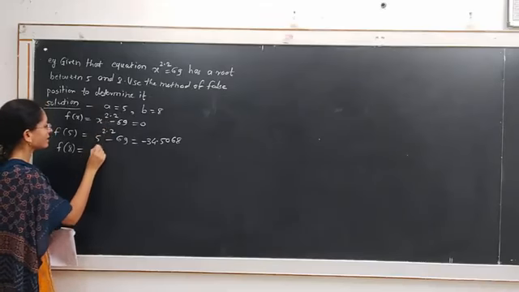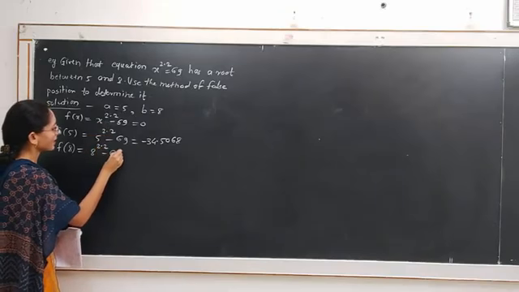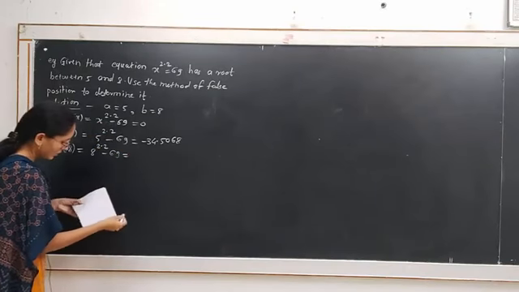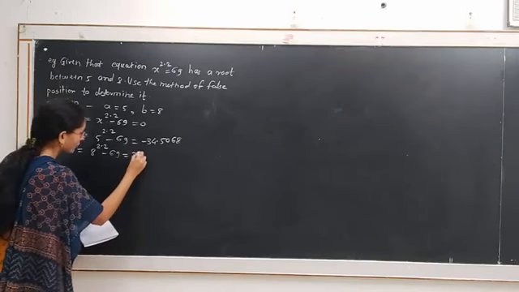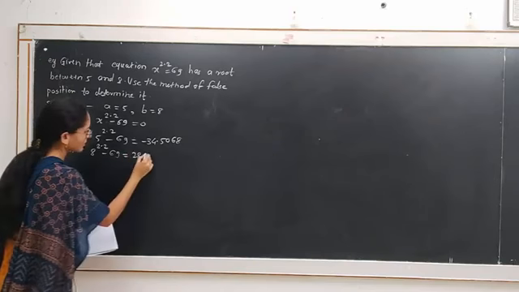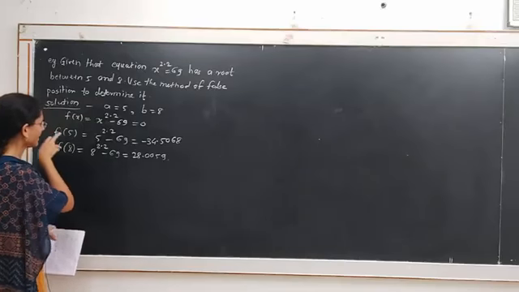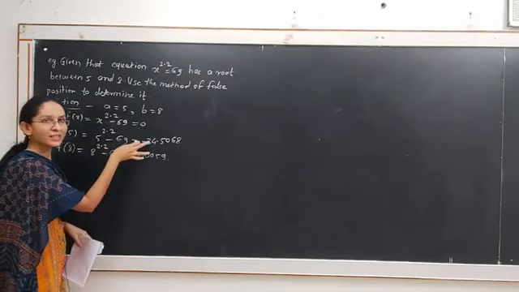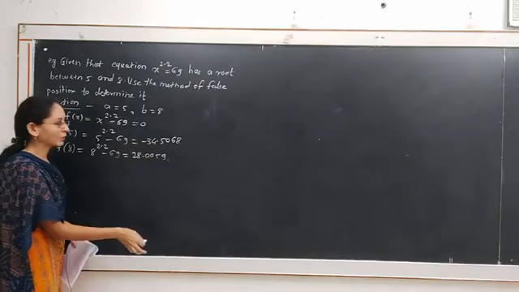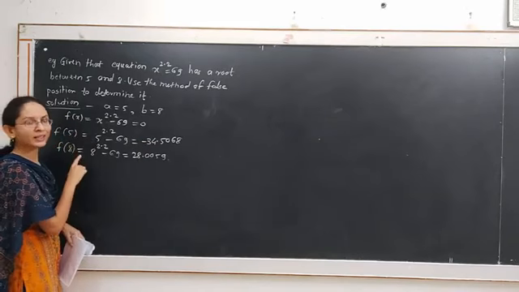We get 8 raised to 2.2 minus 69, and this value will come as 28.0059. See, these two values are of opposite signs, hence their product is negative. Hence the root lies in between 5 and 8.